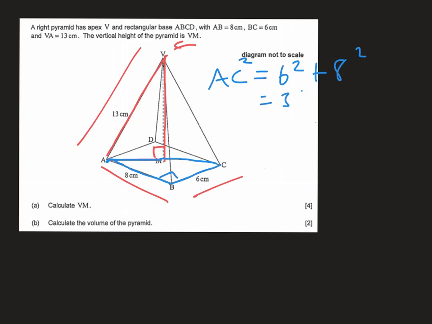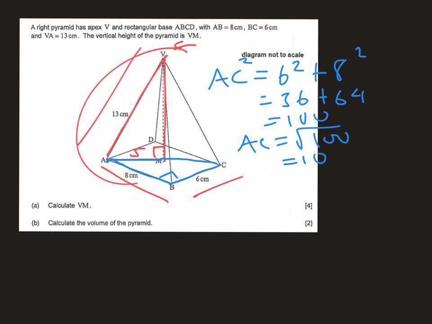So that's going to be 36 plus 64, which is 100. So therefore AC is going to be the square root of 100, which is equal to 10. So if AC equals 10 and AC is this whole line here, then obviously AM is just going to be half of that. So AM then is going to be 5.